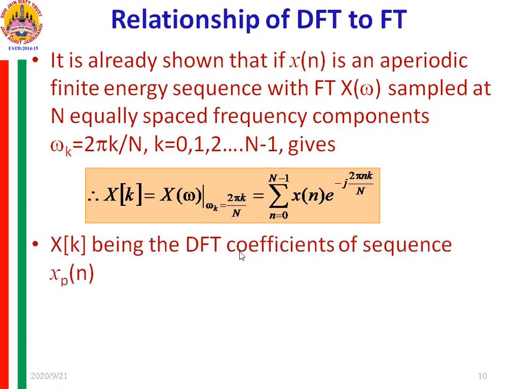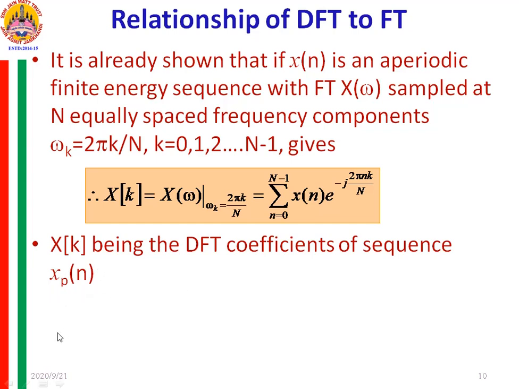Now Xk being the DFT coefficient of sequence xp of n. Now when you take the IDFT or the inverse transform of such Xk, you observe that the sequence which is recovered is periodic in nature, that is termed as xp of n.